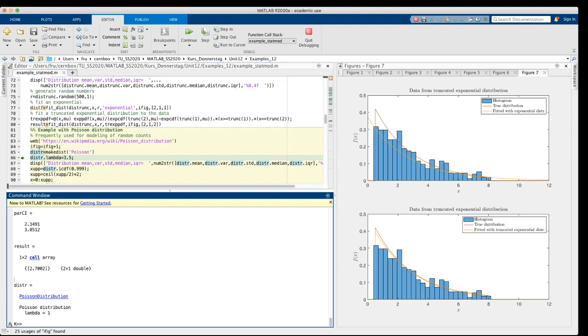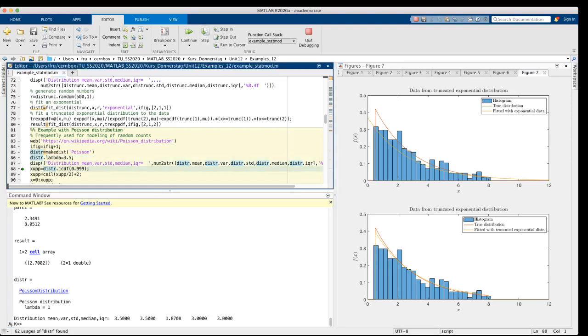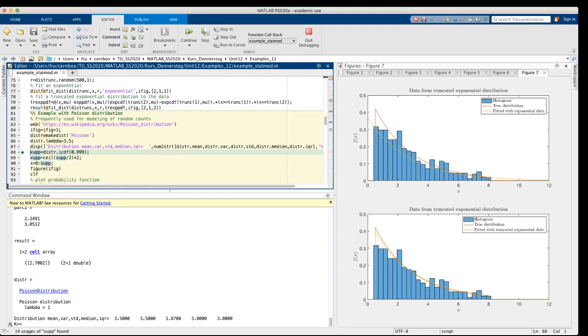So lambda has to be positive. And we see now that mean and variance are both 3.5. The standard deviation is the square root of 3.5, and the median is at 3, and the interquartile range is also 3. So let's have a look at a graphical representation.